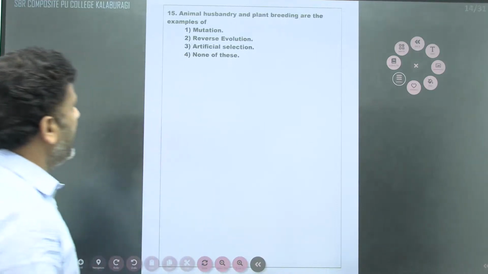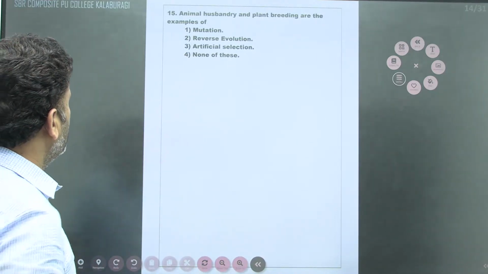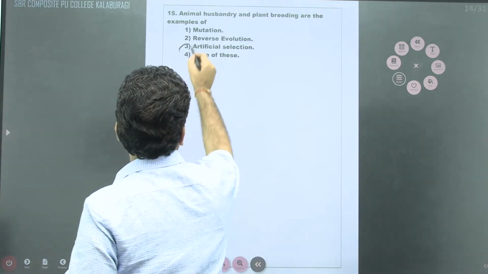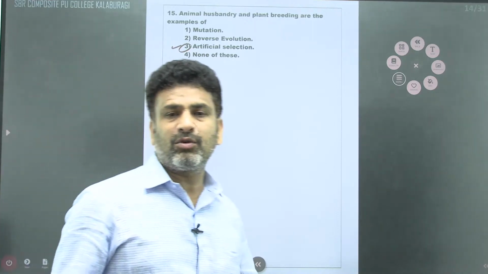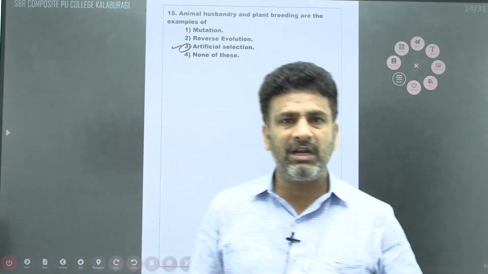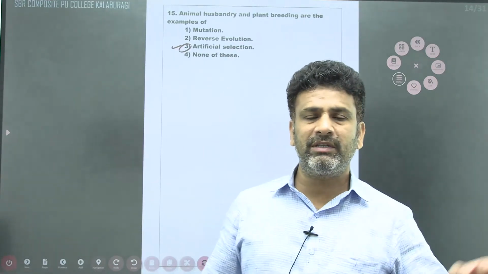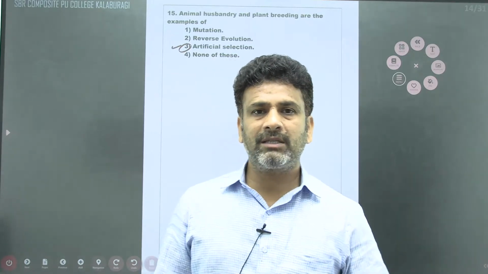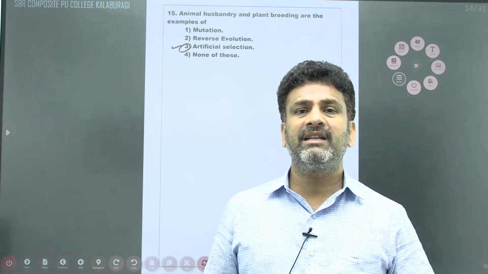Next, animal husbandry and plant breeding are examples of artificial selection. In animal husbandry, we select individuals with desirable qualities. Artificially, we select the particular individual which has the desirable trait, the domesticated character, or the ancestral or wild variety recessive trait.